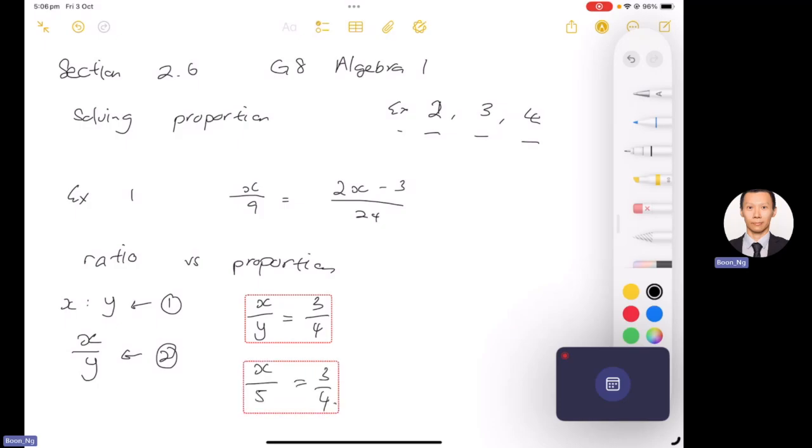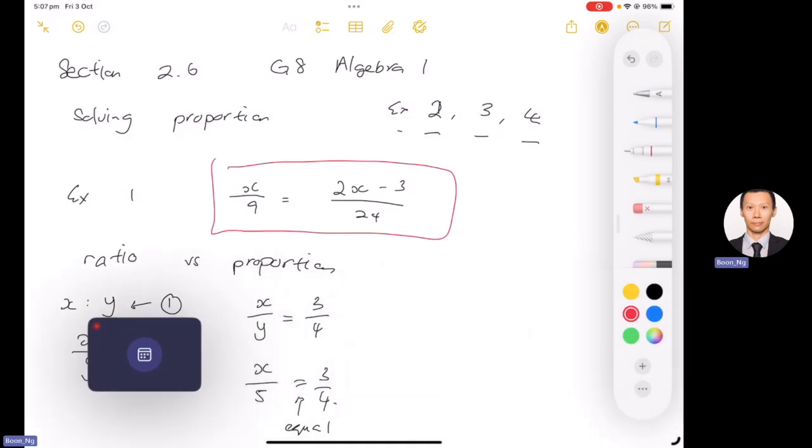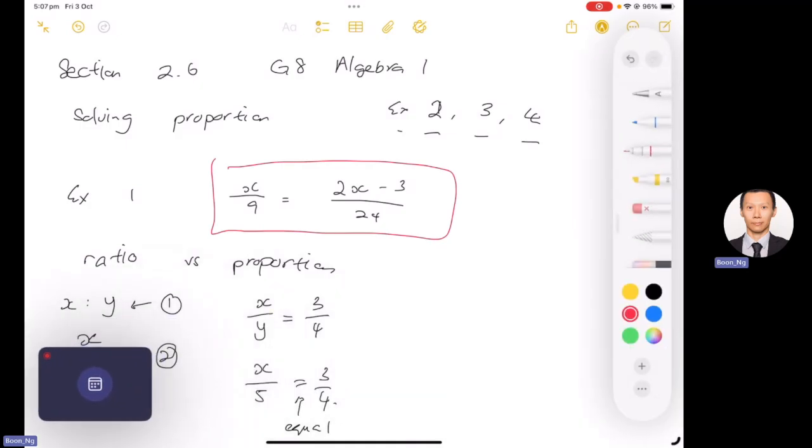There are two fractions and there's a comparison between the two, and there's an equal sign in between. If you look into this one, this is a fraction. Now we need to know how to solve this.